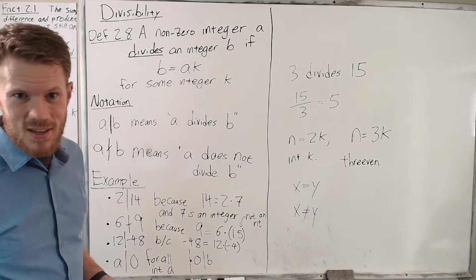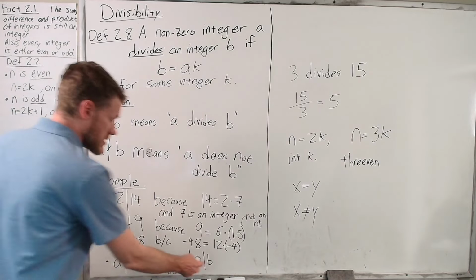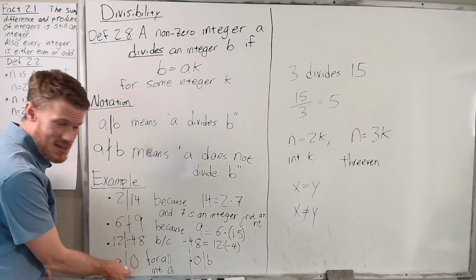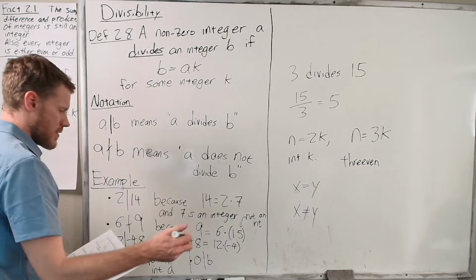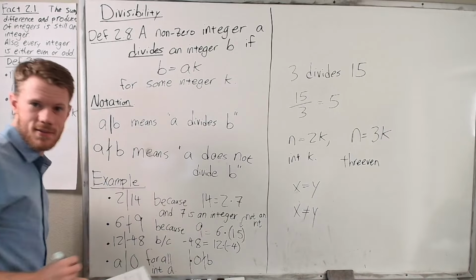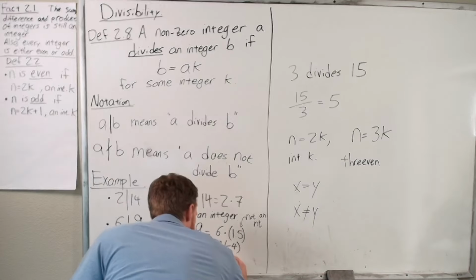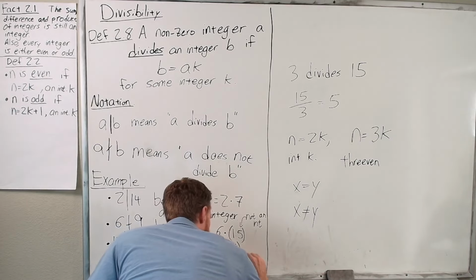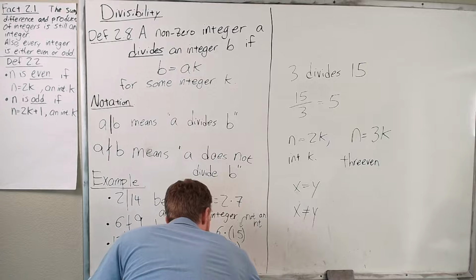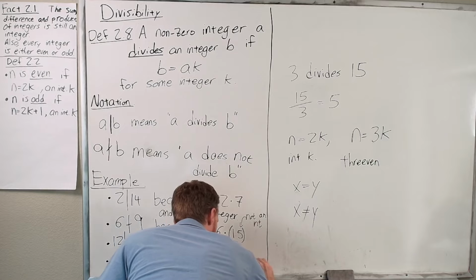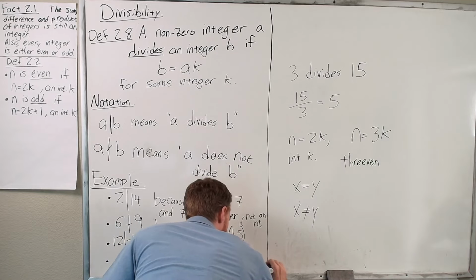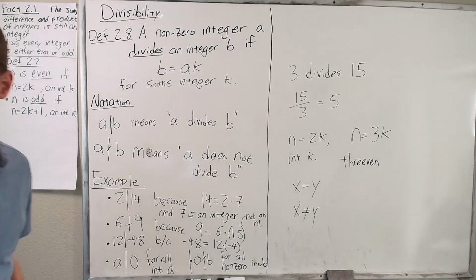No, you cannot, right? So as long as b is not 0, if it is 0, then we're back in this case. But if it's non-zero, then you say does not divide. Make sense? For all non-zero integers b. I know I'm squeezing that in there. Hopefully it's clear enough.